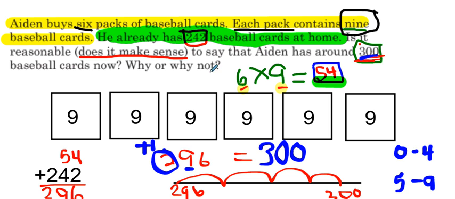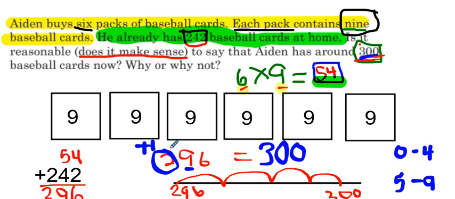Again, we determined how many baseball cards Aiden bought in total. So 6 packs of 9, 6 times 9 is 54. And he had at home 242 cards. So we added to see the total, and that gave us a total of 296.